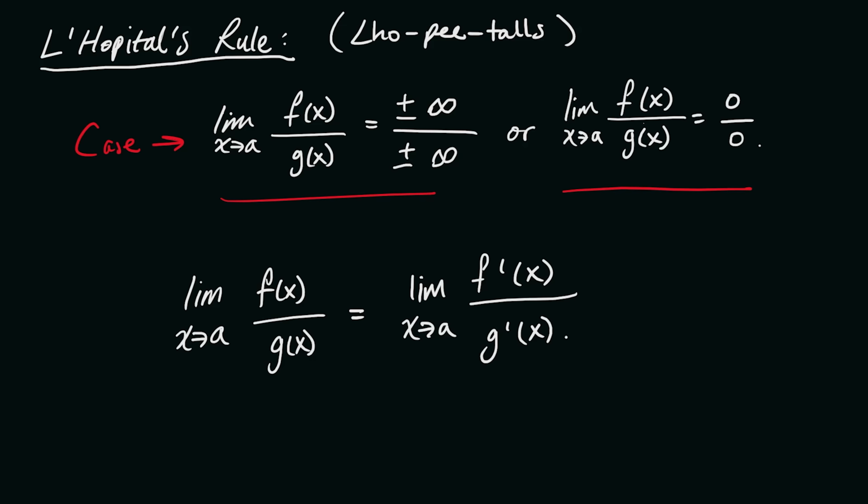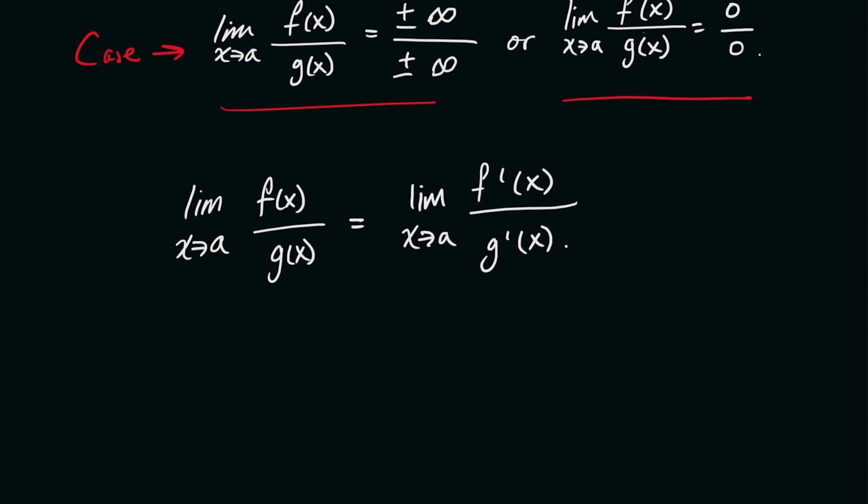So now, our first example was the limit as x is approaching 3 of x squared minus 9 over x minus 3.